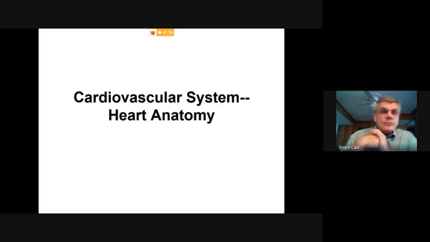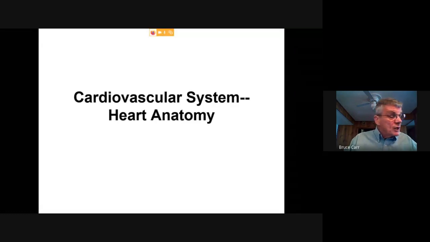All right. The cardiovascular system begins with heart anatomy, the standard type of cell, tissue, and organ approach that we've taken all semester. And realizing that the role of the heart is central to our multicellular body. It's central to having organs and organ systems because all living things are made of cells.